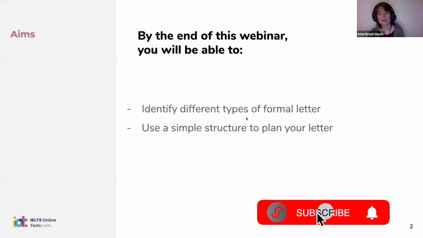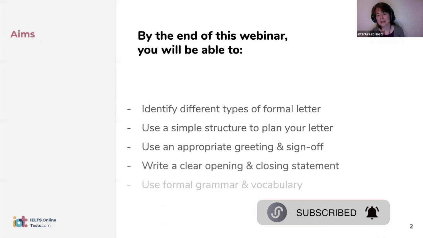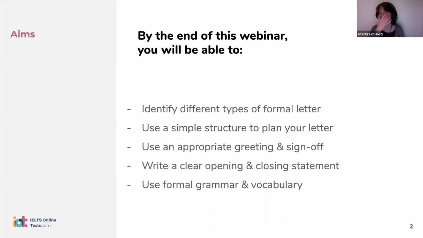So what we're going to look at today is the different types of letter that you might get in the task 1. Also we're going to look at some of those letter conventions that they're looking at, and how to plan and how to structure your task in order to get the best score that you can.